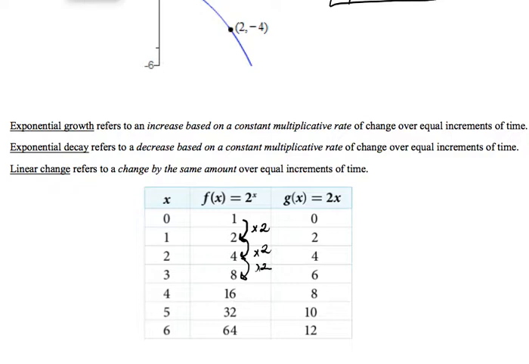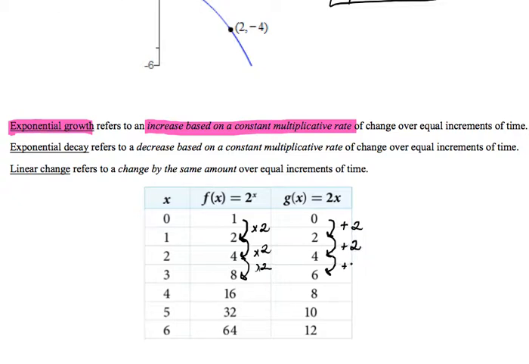So that's what an exponential growth function does, it increases based on a constant multiplicative rate of change over equal amounts of time, as opposed to a linear function where you simply add equal amounts to the function over equal amounts of time. So all of these y values are just increasing by 2 with each step.